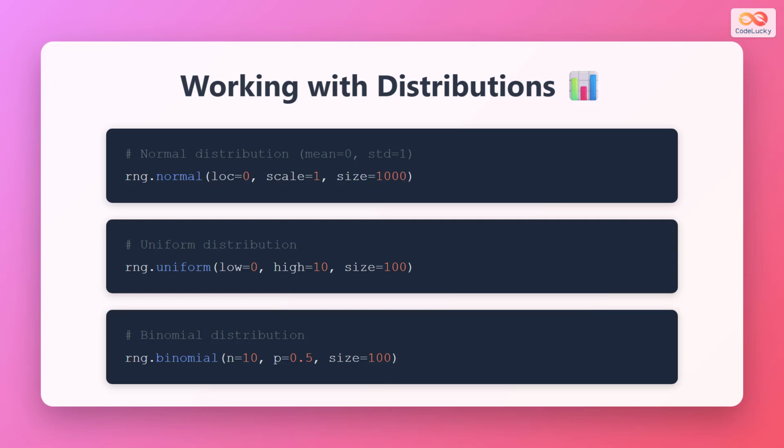For uniform distribution, use rng.uniform with low, high, and size parameters. For binomial distribution, useful in modeling coin flips or yes-no experiments, use rng.binomial with n for number of trials, p for probability, and size. These distributions are essential for statistical analysis and simulations.